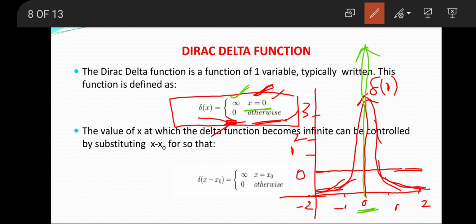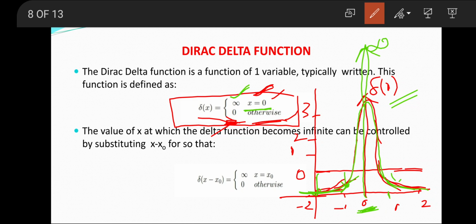At 1, at minus 1, at minus 2, the value is 0. So the delta of x function is at infinity at x equal to 0, and other than 0 it is 0.